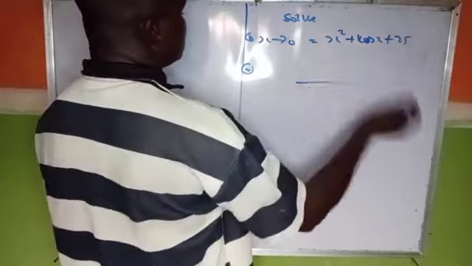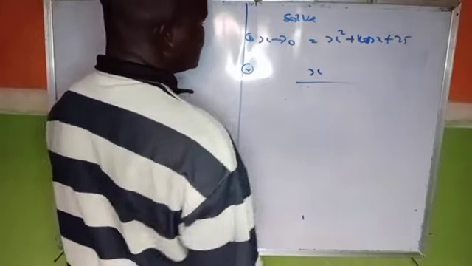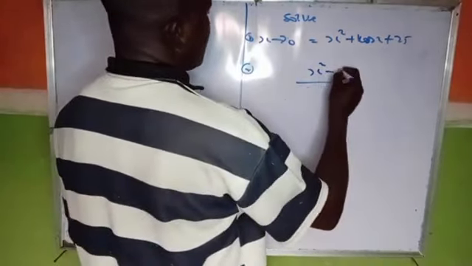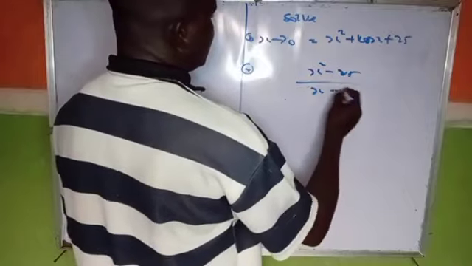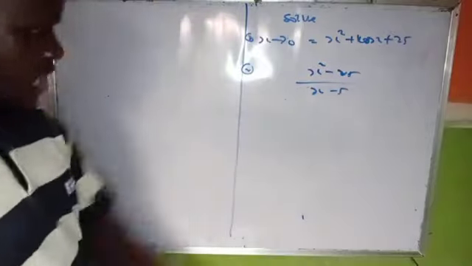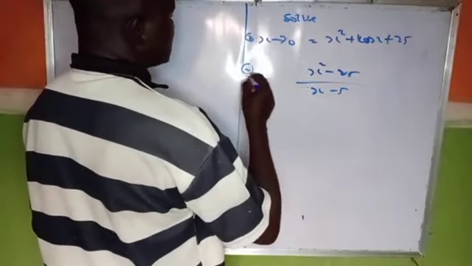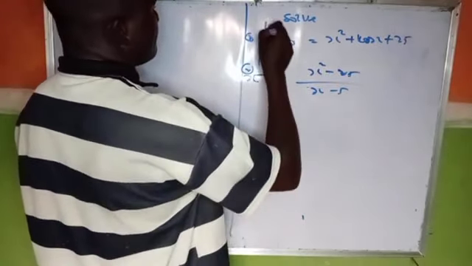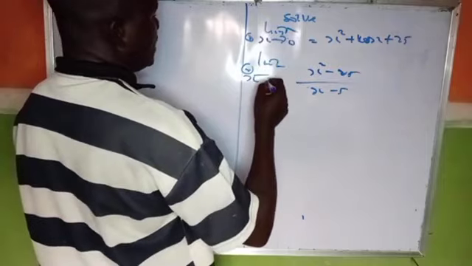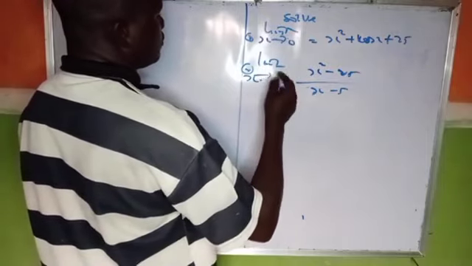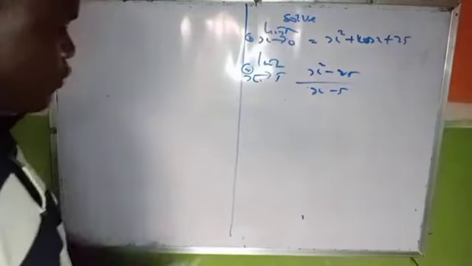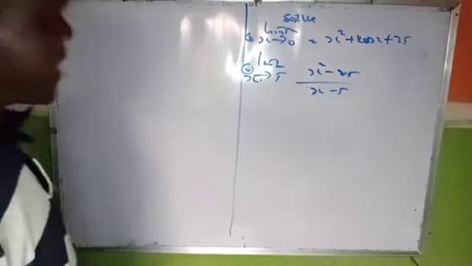Then question 3. Let's say you have x squared minus 25 over x minus 5. So have this one like this, and this one like this. So the limit as x tends to 5. So you have something like this.